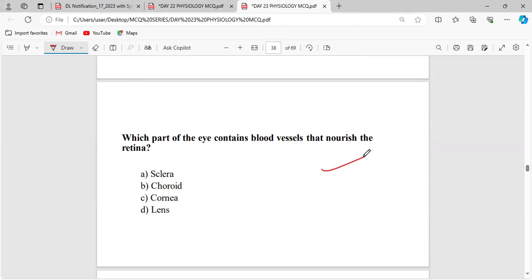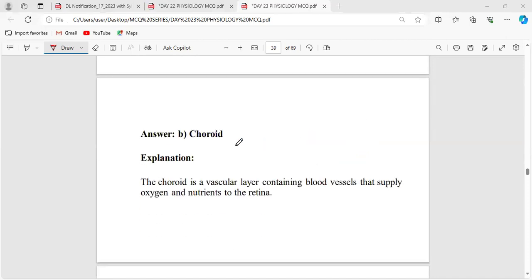And which part of the eye contains blood vessels that nourish the retina? That will be the choroid.